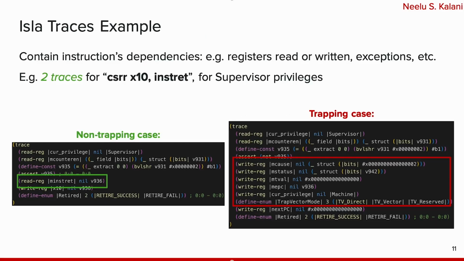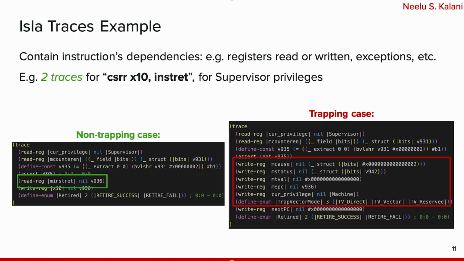Let's take a quick look at some of the traces that ISLA generated. For example, for the instruction to read the control and status register instret, which denotes the number of instructions retired, when executed with supervisor mode privileges, two traces are generated.